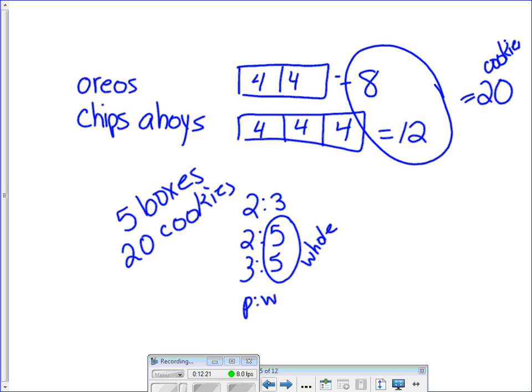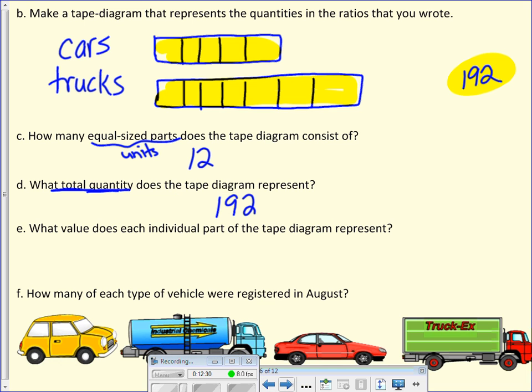Think back to how we did it here. We knew that the 12 had to go into the 3 boxes. Now we have to take that 192 and go into all 12 boxes. So how am I going to do that? Divide what?